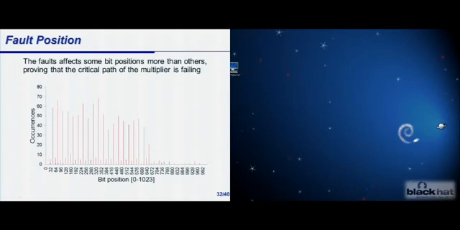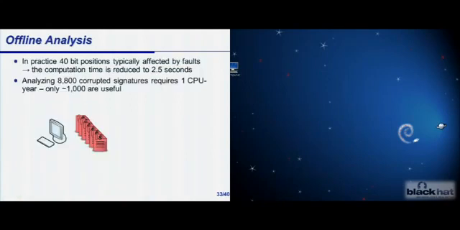We check only 40 positions, the good ones. And that way, we could take 2.5 seconds per check. That required that you spend some time analyzing what you got first. But every type of multiplier, every type of microprocessor will show some repetition in this. There are positions that are more faulty than others.